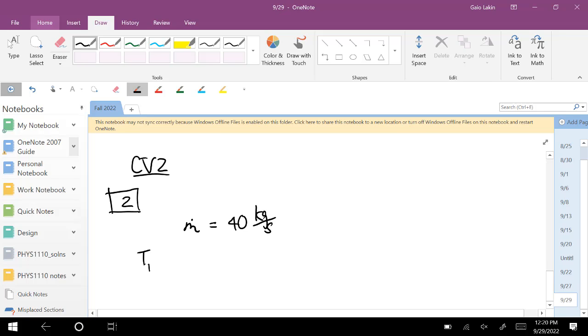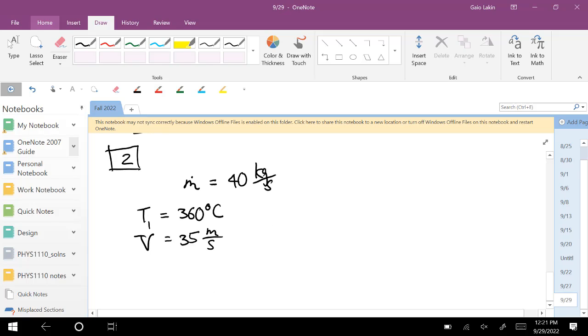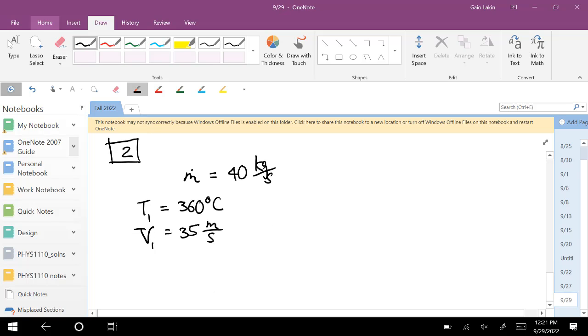At the inlet, we know that the temperature is 360 degrees Celsius. The speed is 35 meters per second. And the pressure is what we're trying to find.